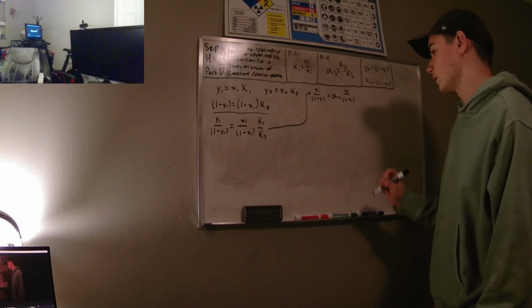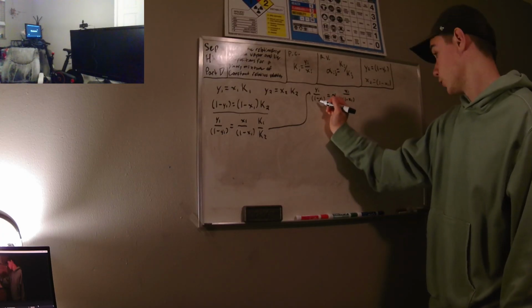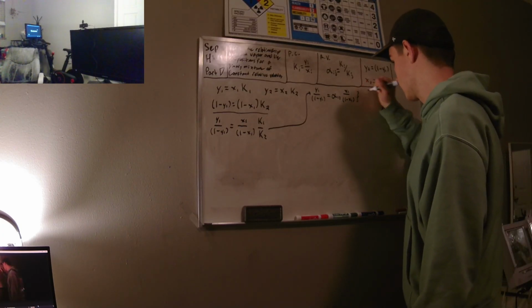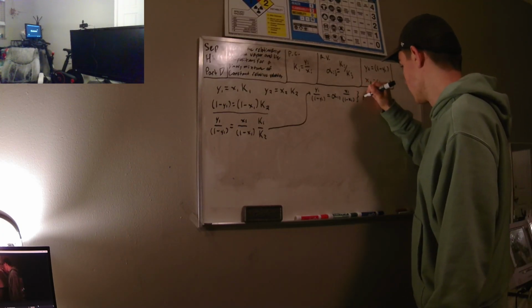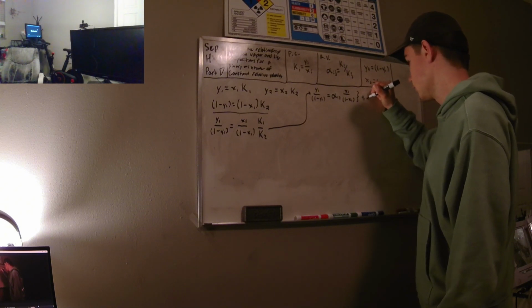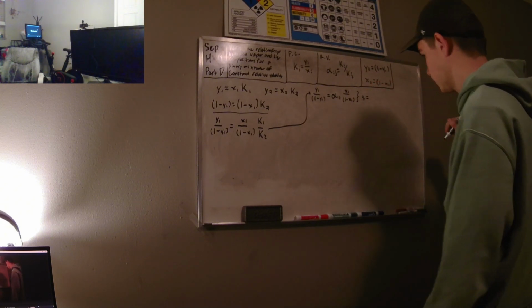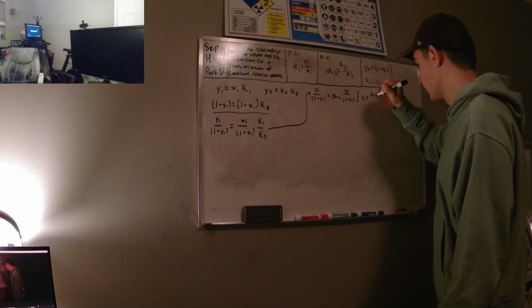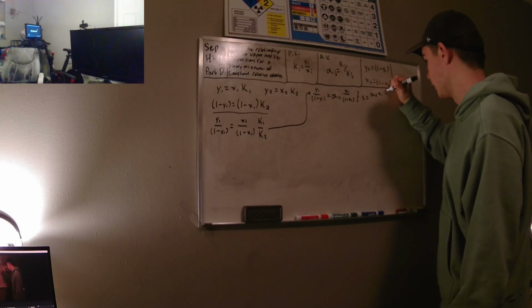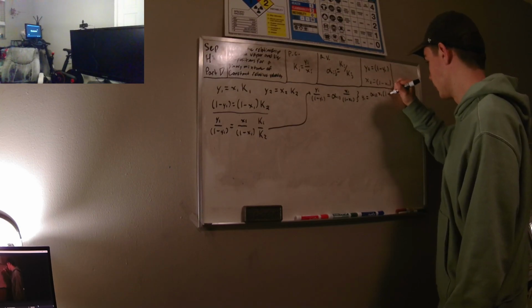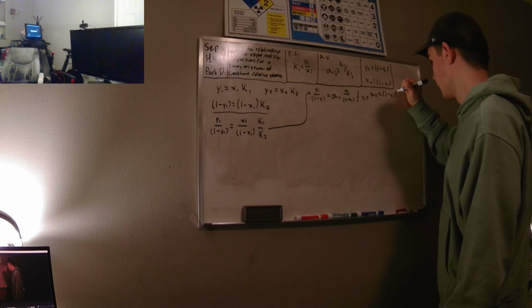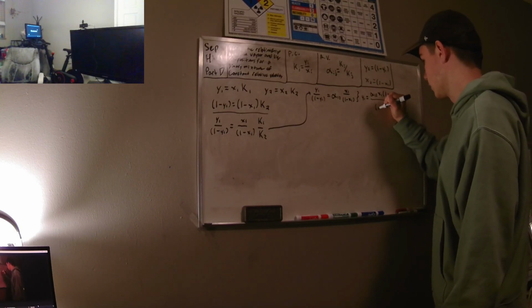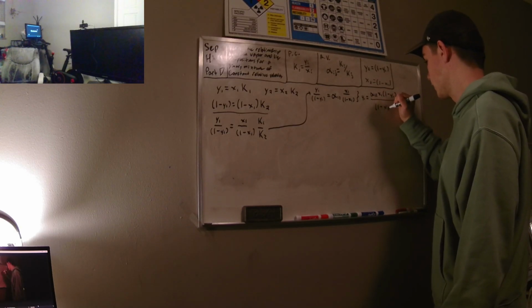Furthermore, we can move this variable to the other side, which will give us y1 equals alpha 1,2 x1 times 1 minus y1, all divided by 1 minus x1.